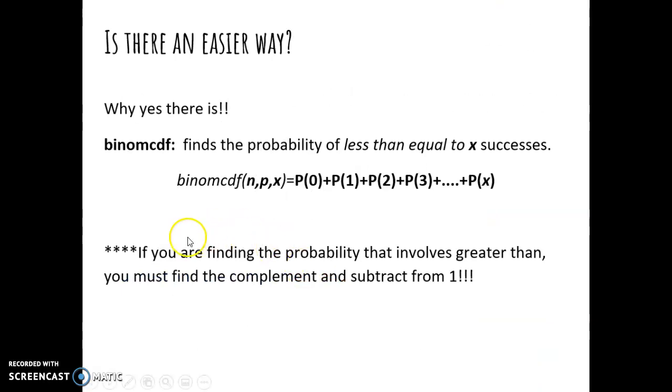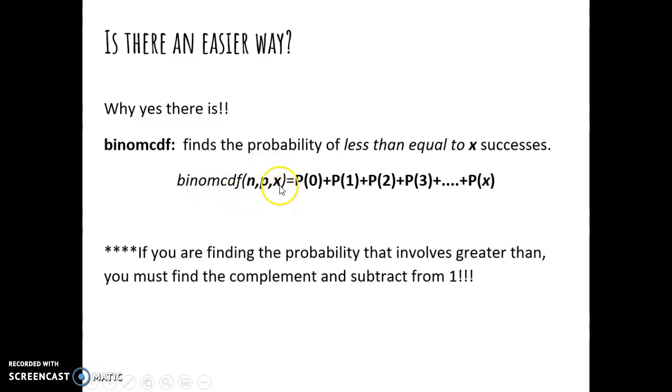Yes, there is. If you will recall, when I introduced the Binompdf function, there was also a Binomcdf function that we mentioned as well. It is found just beneath Binompdf in the calculator. To get there, you would do second vars and then choose Binomcdf. What it finds when you put in an n, a p, and an x is a cumulative function.